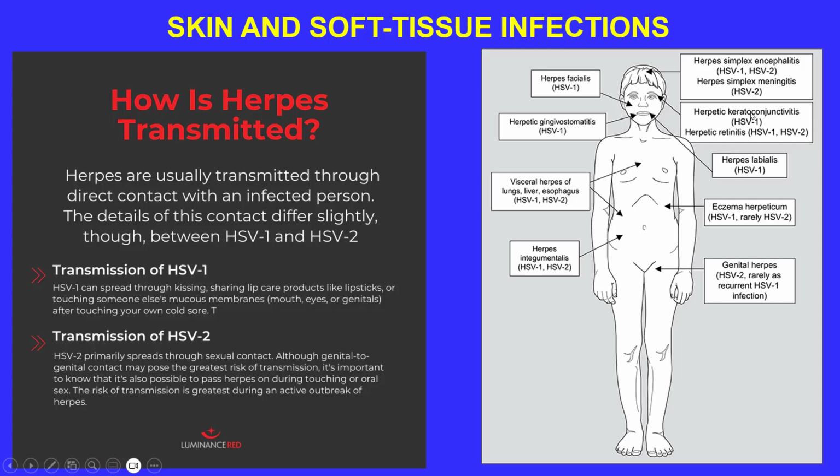Herpetic keratoconjunctivitis, herpetic retinitis. You have also herpes simplex encephalitis or a meningitis. All right. You can have visceral herpes in the lungs, liver, and esophagus. And then you can have, of course, them in the reproductive area.